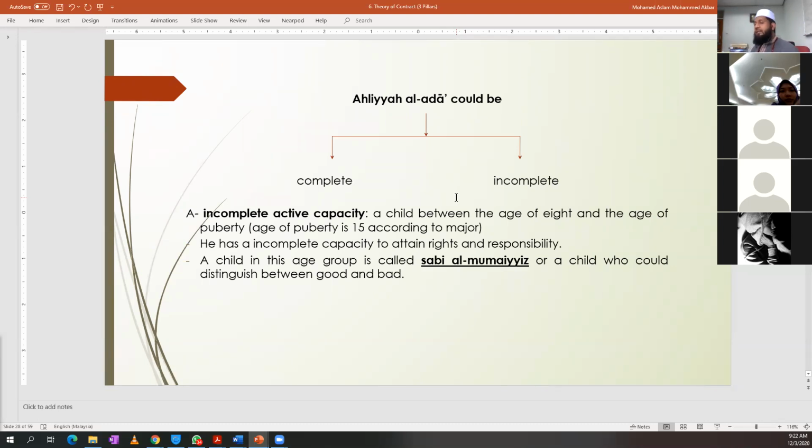So now the question comes, what are the differences between the child who is less than 5 years old and the child who is less than 15 years old? Of course, you can see clearly there are lots of differences.